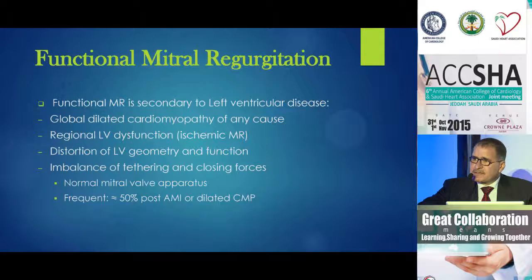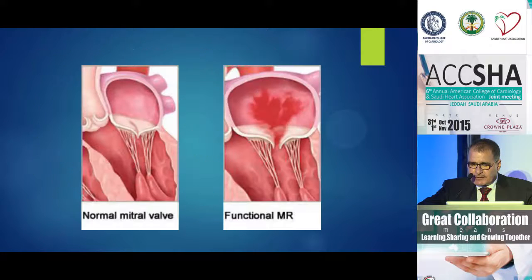And these patients indeed have a high prevalence of mitral regurgitation, and as you heard Dr. Kharabsha yesterday, severe mitral regurgitation in the setting of functional mitral regurg still constitutes a major problem and is not easy to answer in most cases. This is just an example of functional MR.